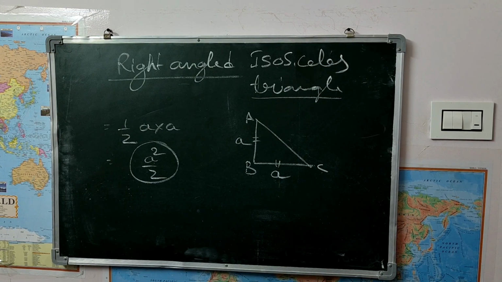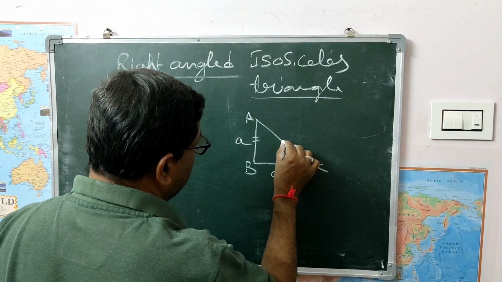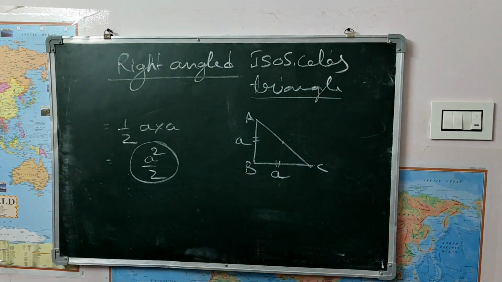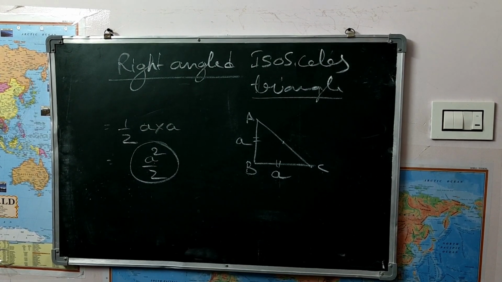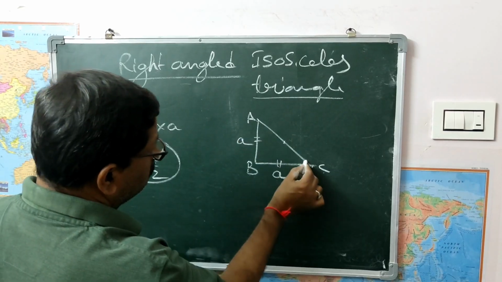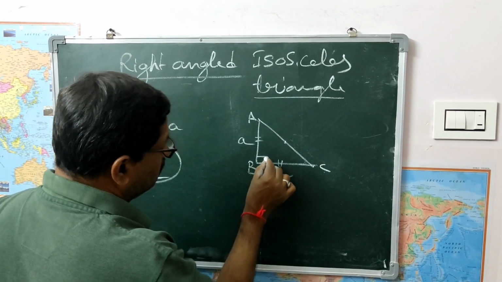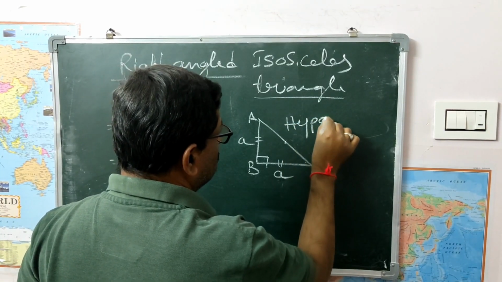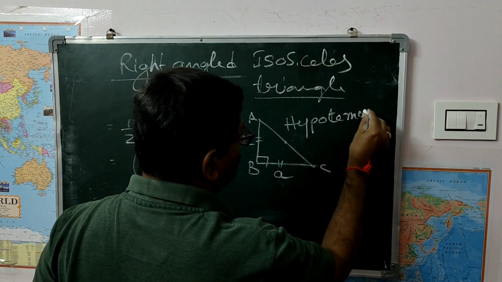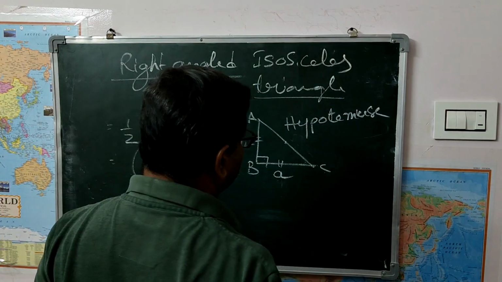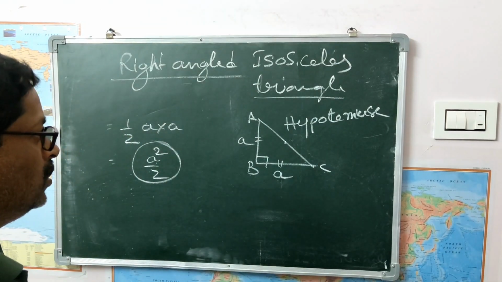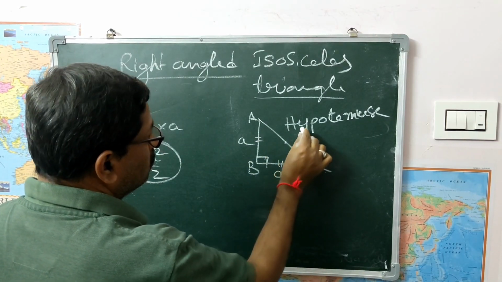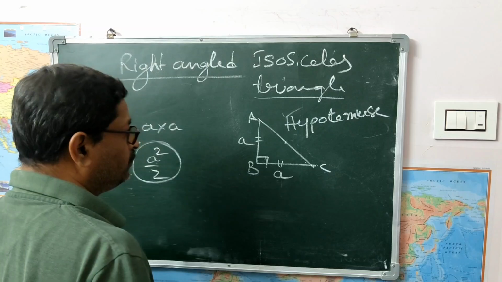In this case, our circumcenter lies at the midpoint of the hypotenuse. This is the hypotenuse. The side opposite to the right angle is called the hypotenuse.